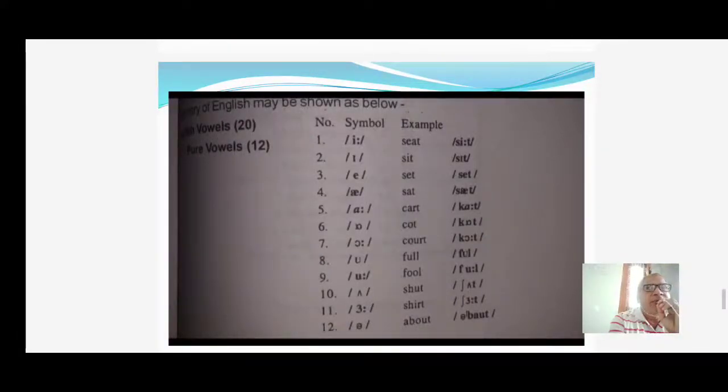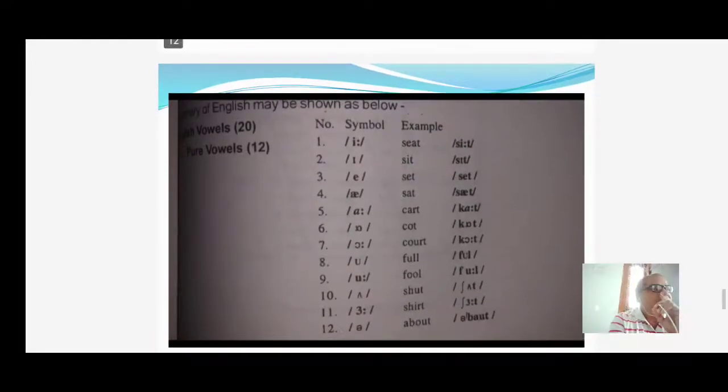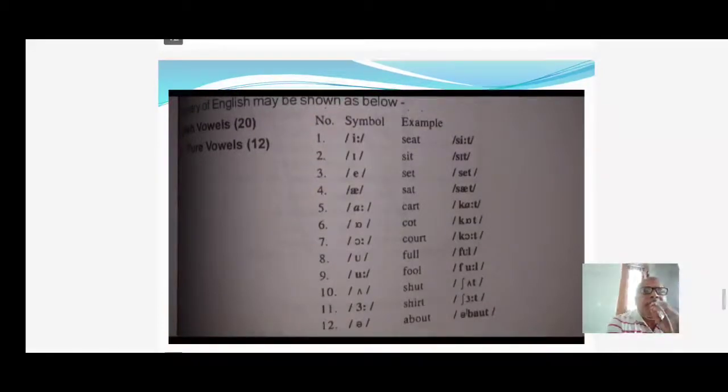Out of 44, 20 are vowel sounds and 24 are consonant sounds. Vowels are again divided into monophthongs, diphthongs and triphthongs.